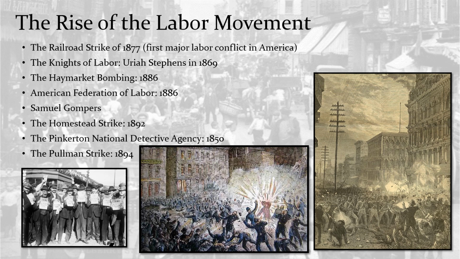He hires Pinkerton guards to take care of the strikers, and of course there's an altercation, and basically 12 people are killed. They're using the Pinkerton National Detective Agency, by the way, which was a private security firm, kind of like Blackwater is today.